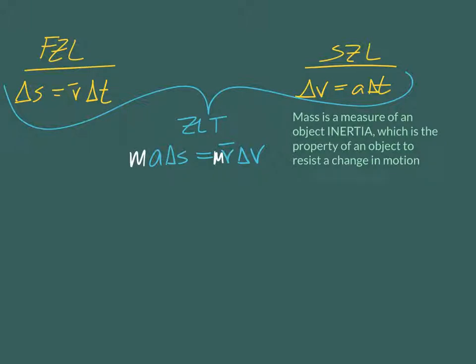That's what mass is, if you wanted to be clear. So mass is a measure of an object's inertia. All right?